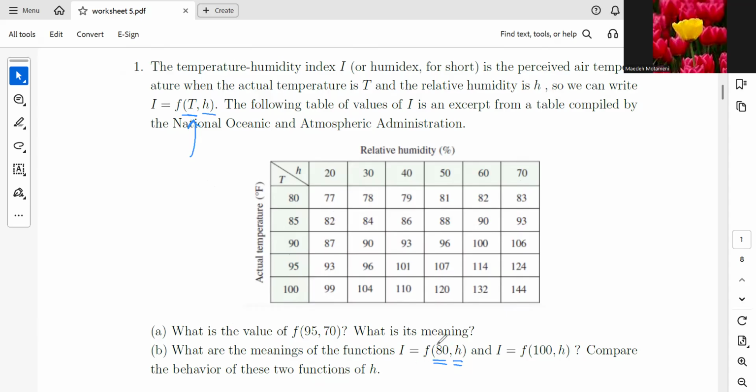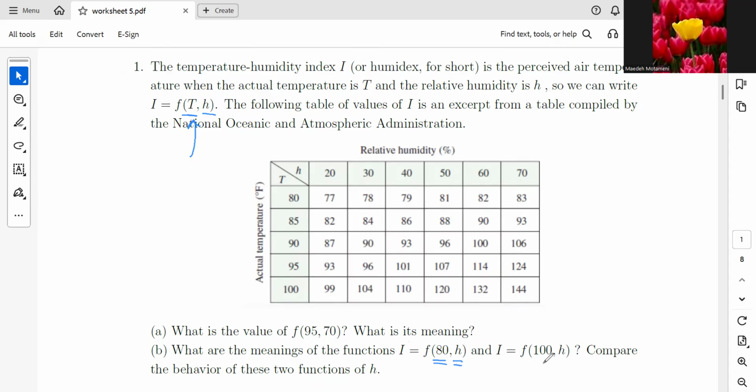So the meaning of f of 80 and h is when T is fixed, the temperature is fixed at 80 degree, humidex values change as the relative humidity changes. So one of them is fixed, the other one is changing.